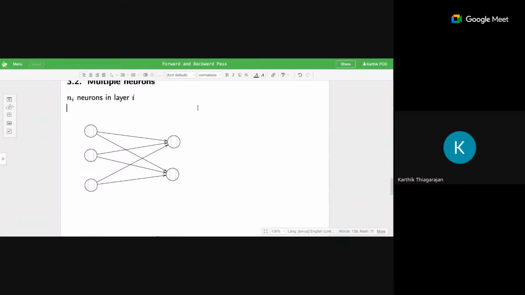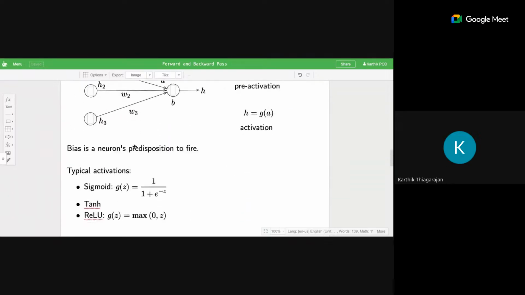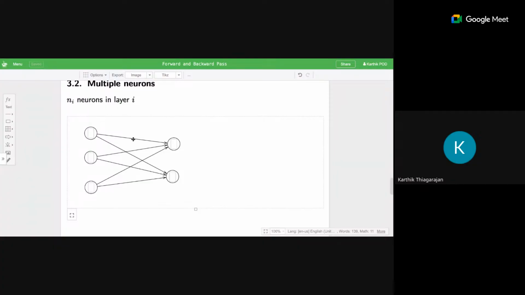Okay, so if you want to compute the output here, you could represent it this way, with W. You'll have to bring in an extra notation, right? Earlier it was just W1, W2, W3, but now there is going to be W11, W12, and so on. And therefore, what kind of an object?